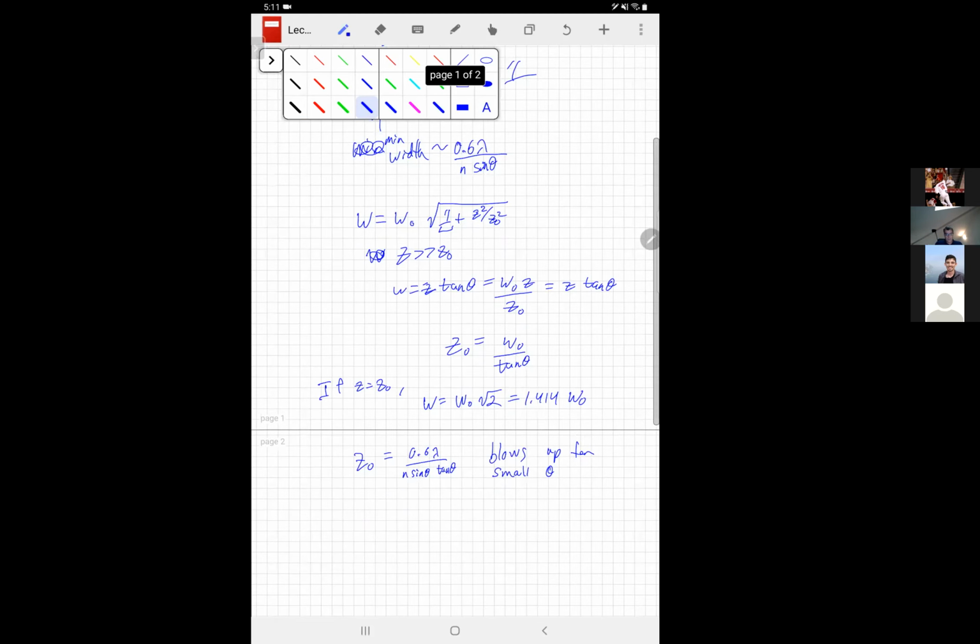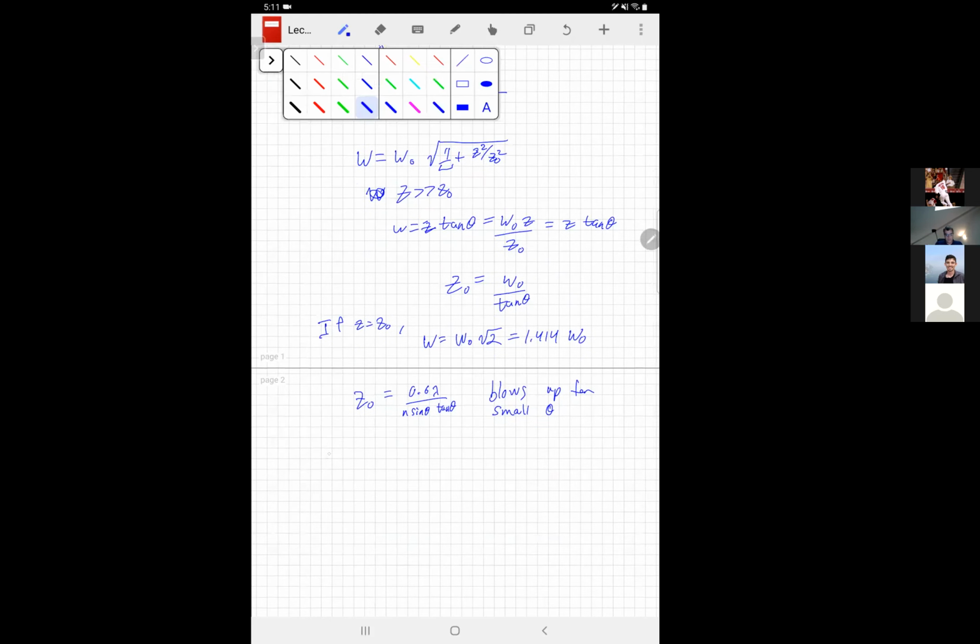All right, so in general, we're going to say that I of Z is equal to some constant, I'm just going to call it A for now, A e to the minus R squared over 2W squared.